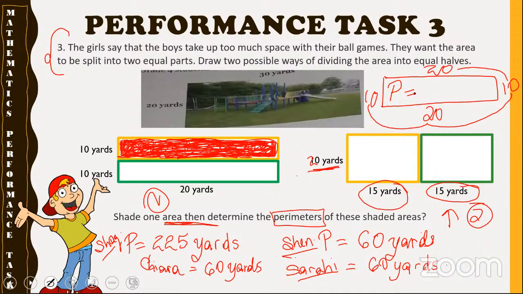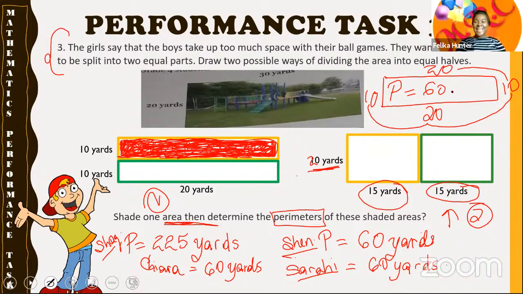So what's the perimeter? Oh boy, 60. Don't worry, at least you have that confidence to hold on to, all right? So it is 60. Well done. Good try, Shaquan. Well done, Shanive. Well done, Ciara. Well done, Sahari.